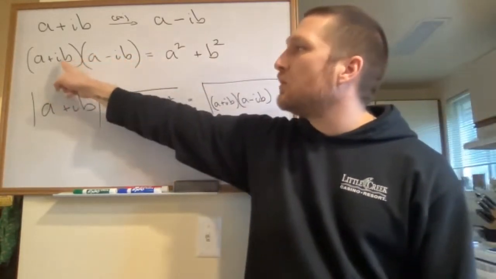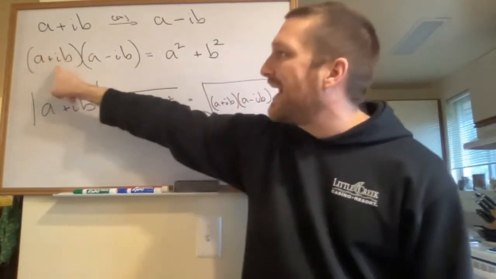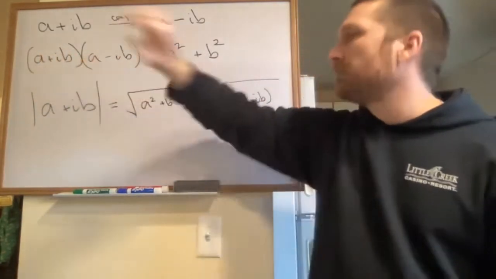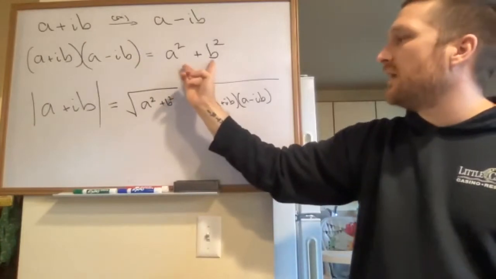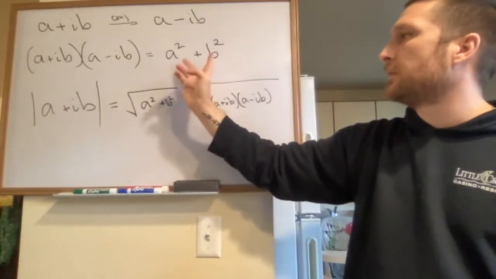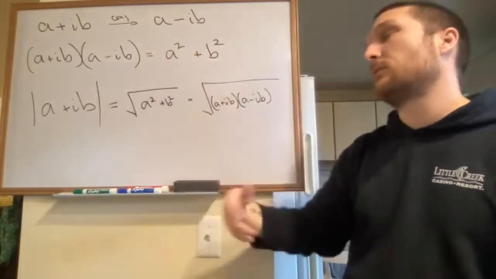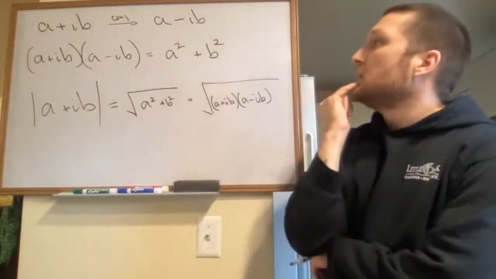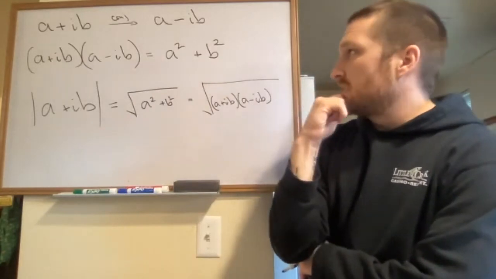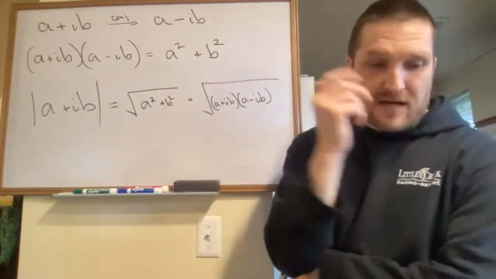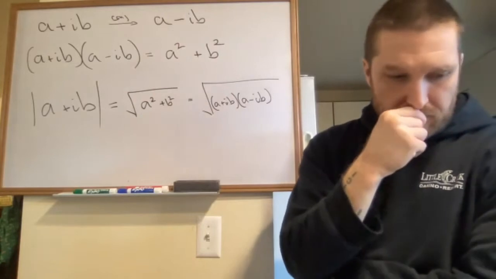If we want to get rid of something with an i in it, multiply it by its conjugate, and you will be left with a pure real number. There's no i's left over here. You have, in effect, a distance or a squared distance. So that's going to be very useful. That's where, in fact, we're going with all of this.